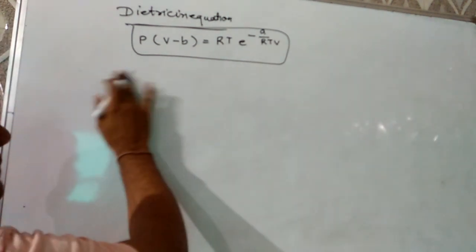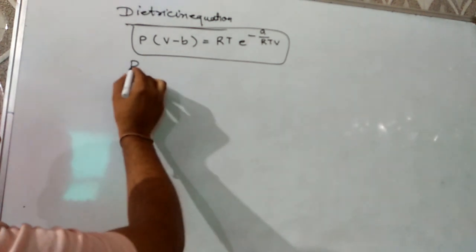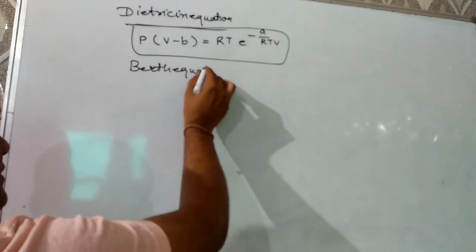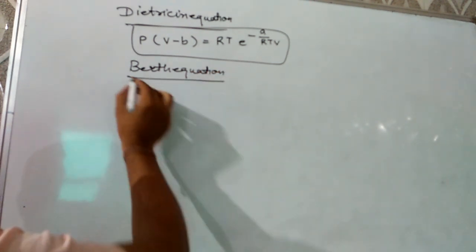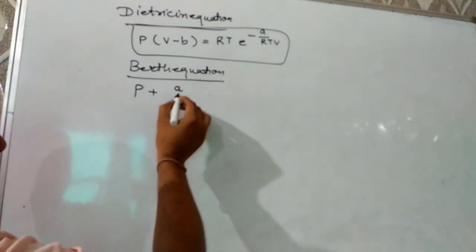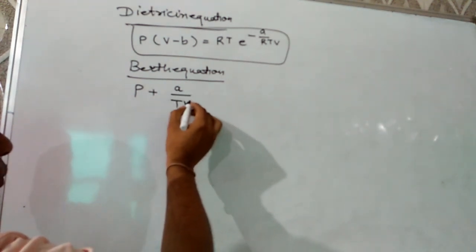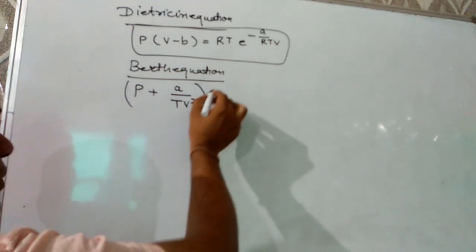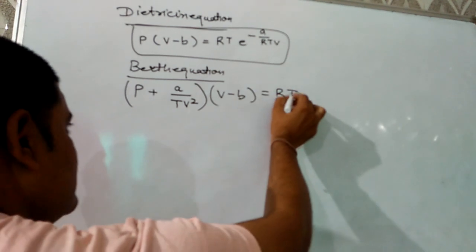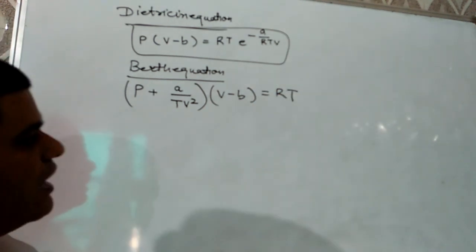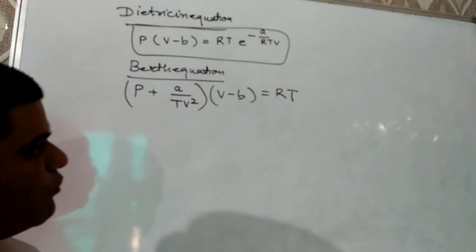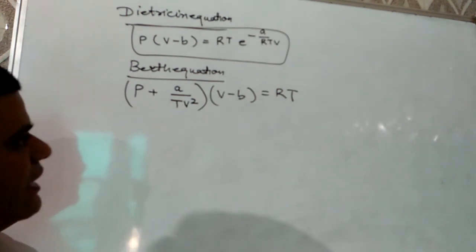The next equation is known as the Berthelot equation. In this case, the equation is (P plus a upon T V square) into (V minus b) equals RT.